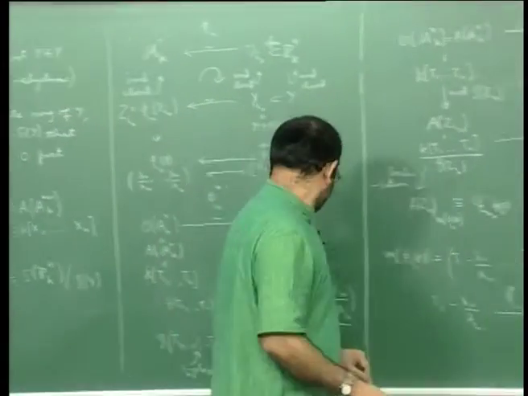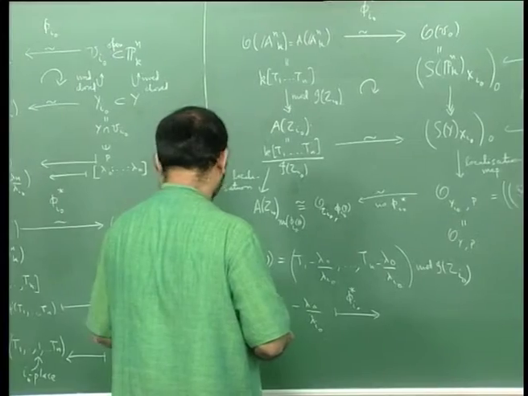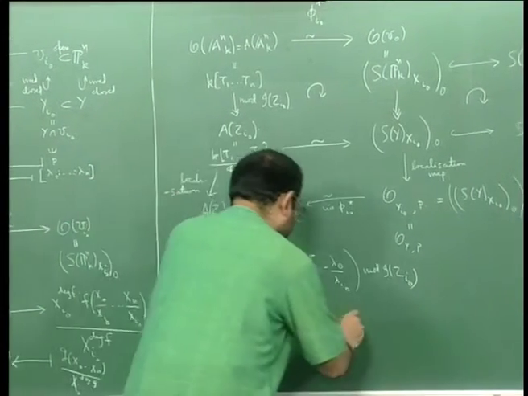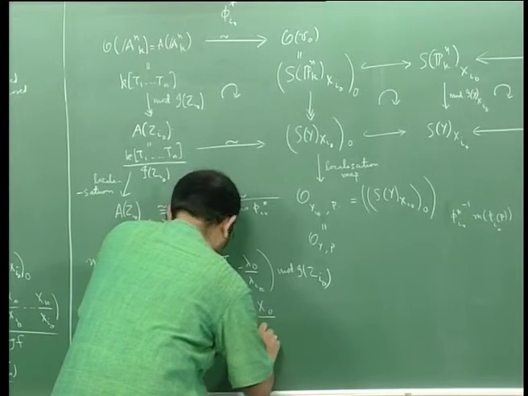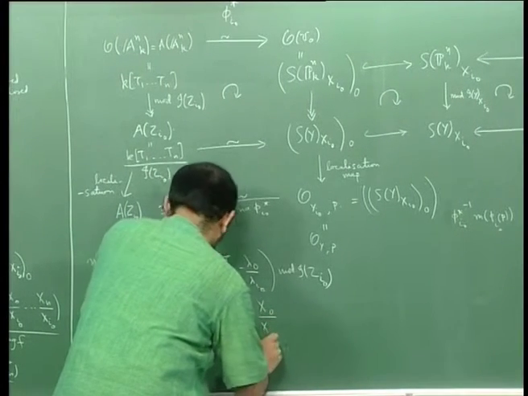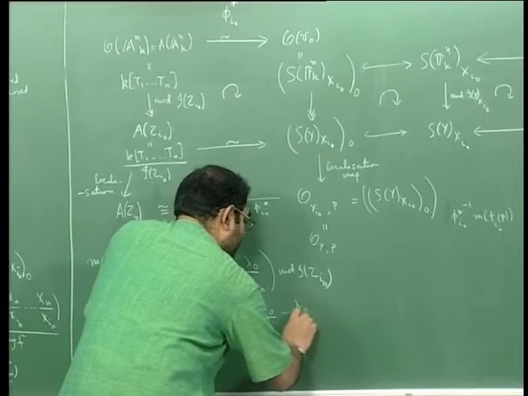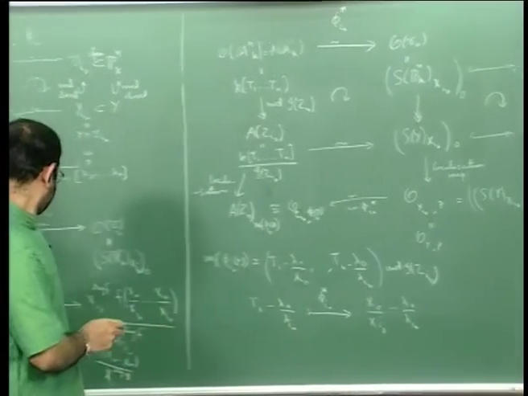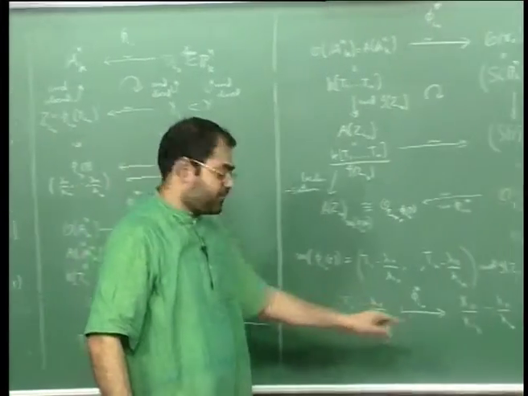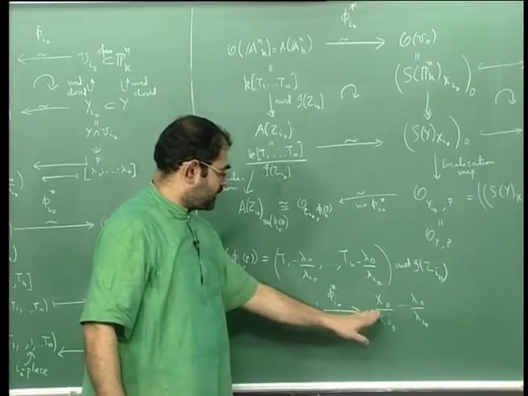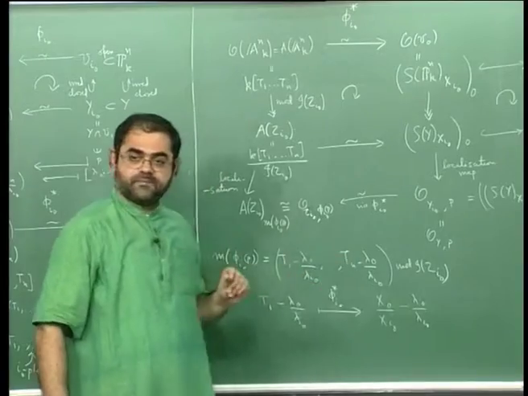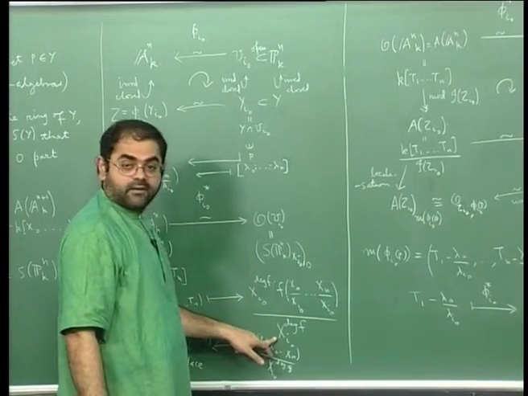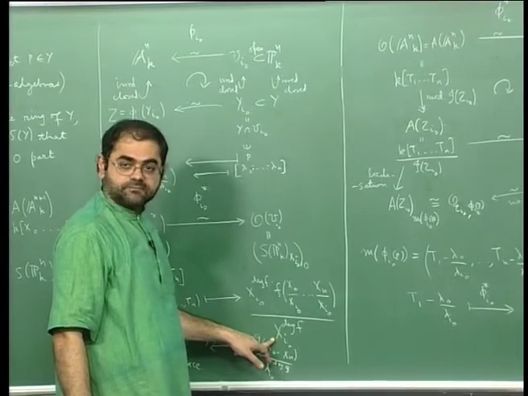So what I will simply get is x_1 by x_i0 minus lambda_1 by lambda_i0. This is what I will get when I apply this map. I am supposed to homogenize it with respect to x_i0 and then divide out by the same power of x_i0.